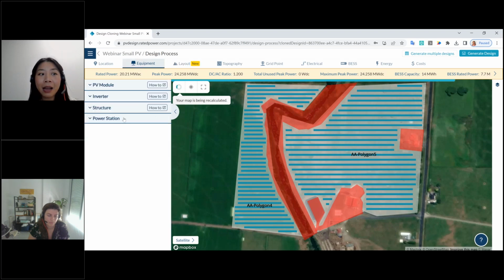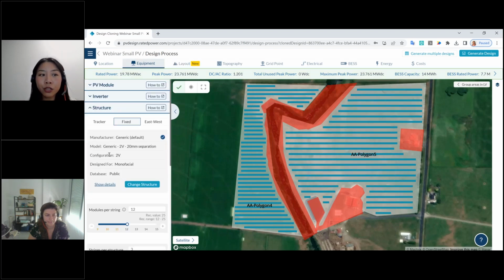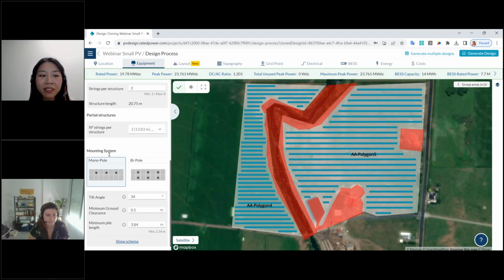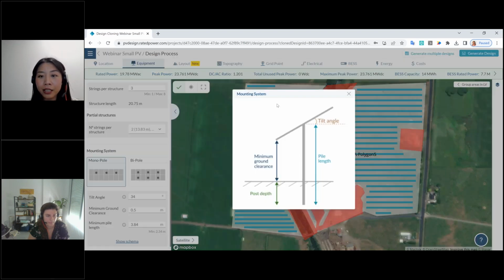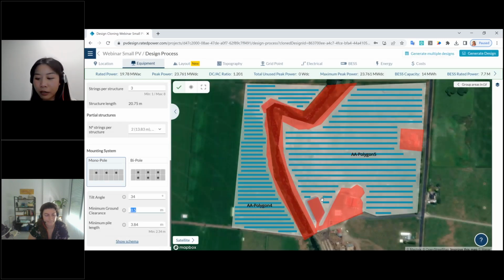And I will just quickly switch back to the structure type that I was using. You can see the minimum ground clearance that we're considering for our structures. So in this case, in order for my animals or the herds to live freely, I'm going to increase the minimum ground clearance of my structures to 2 so that they can run freely on this land.